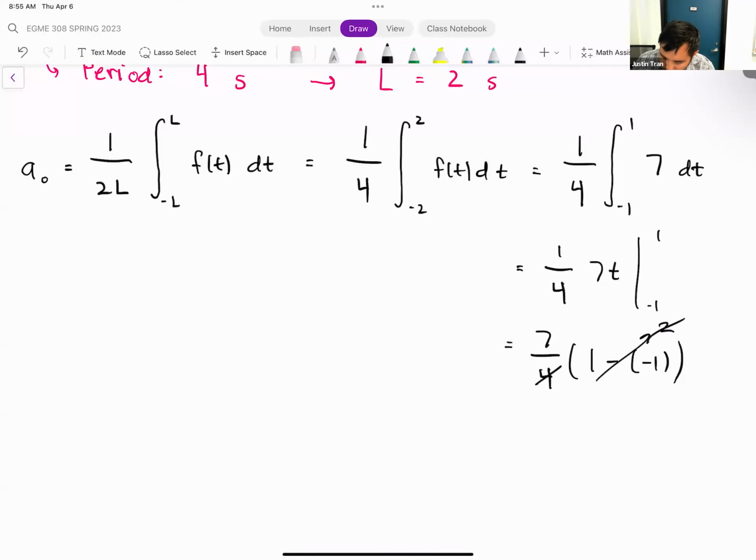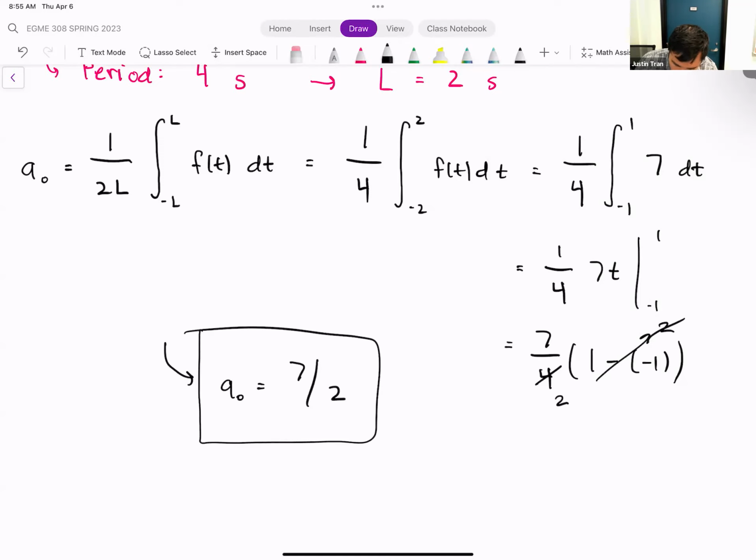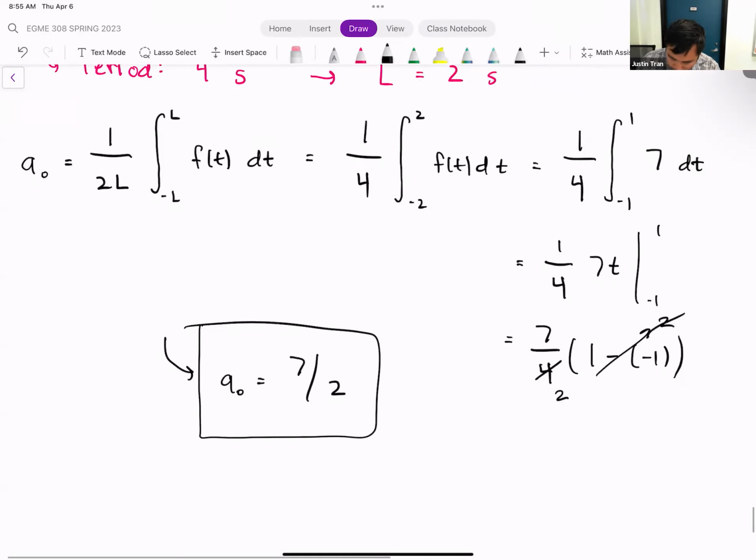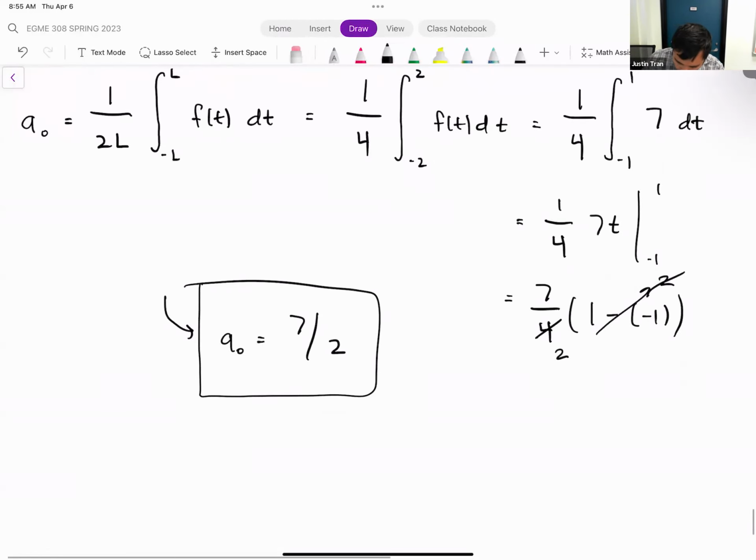This 2 is going to cancel out with the denominator, and so what we get is A0 is equal to 7/2. All right, that's A0. Let's go ahead and compute AN now.